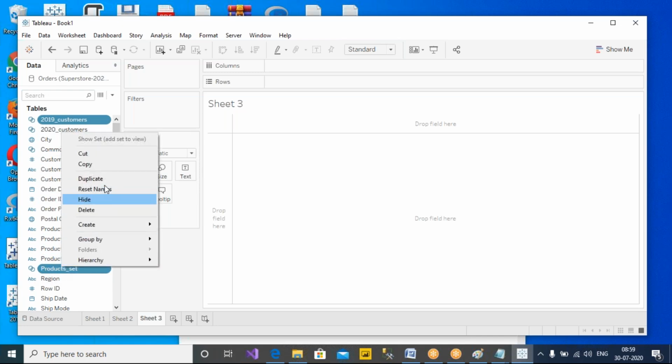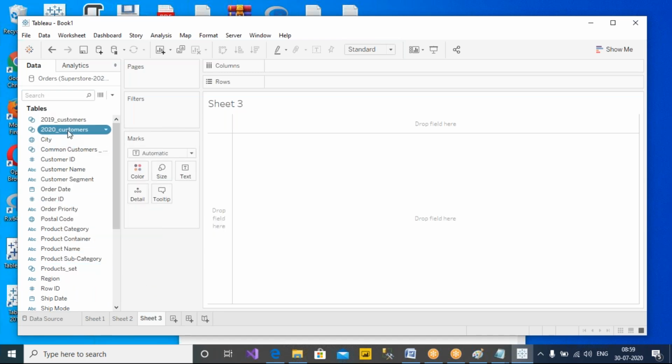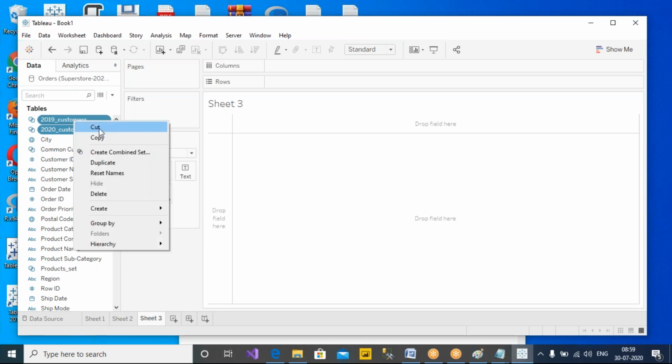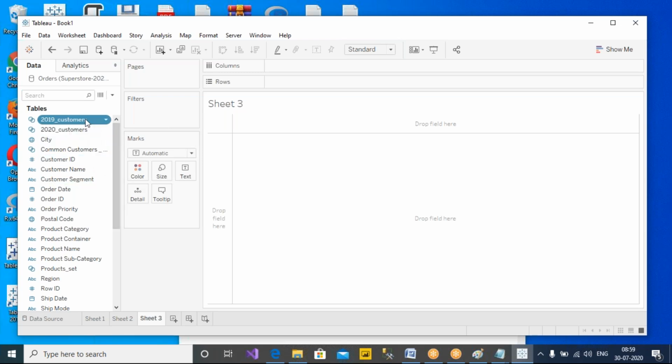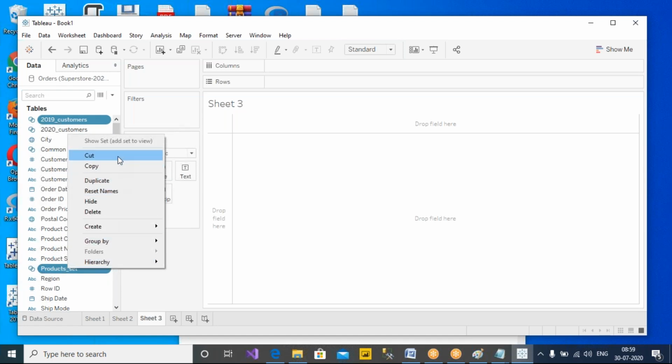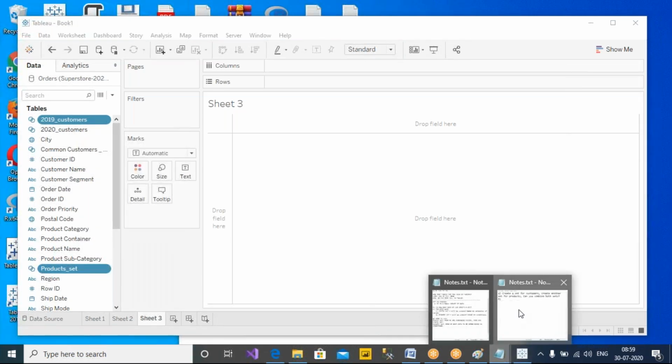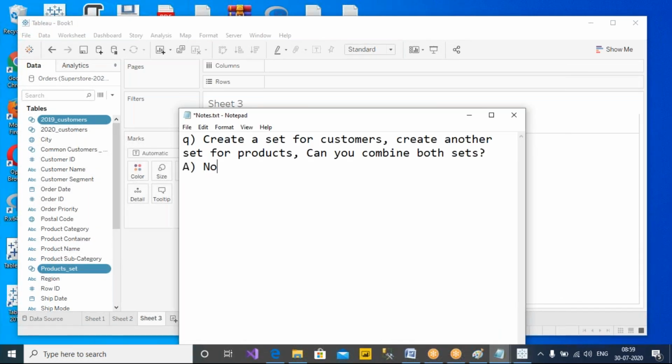Right click here, and oh, I'm not able to see combine set here, isn't it? But if you select these two things and right click, you get the option create combined set. Okay, let's do it again. Why am I not seeing that option? Select a customer set, select a product set, and combine. I'm not able to see that. So the answer is no, but why are you not able to see that?